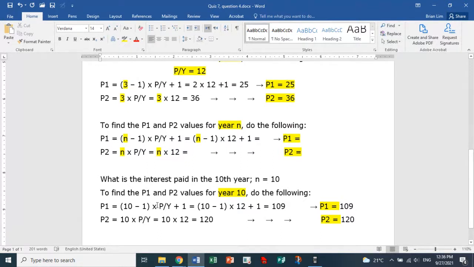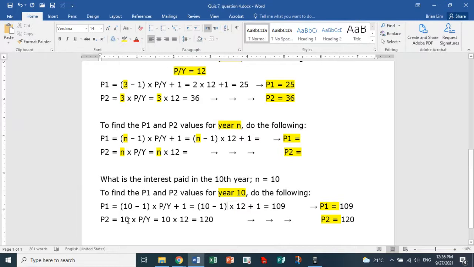So it's 10 minus 1 times PY, which is 12. And then you have to add 1, because that took us back to the end of the 9th year, which is 108. Okay, 12 times 9 is 108. You have to add 1 to get to 109.